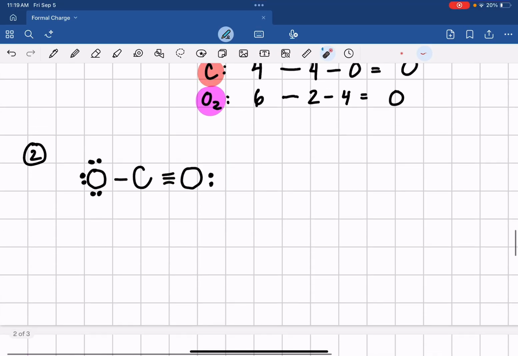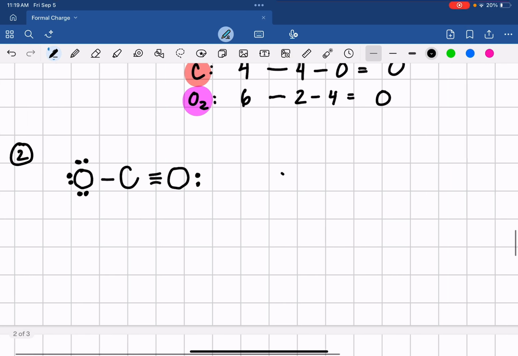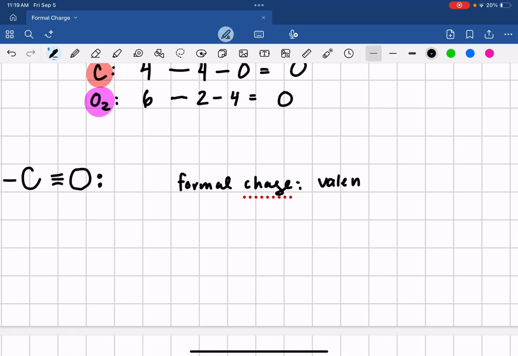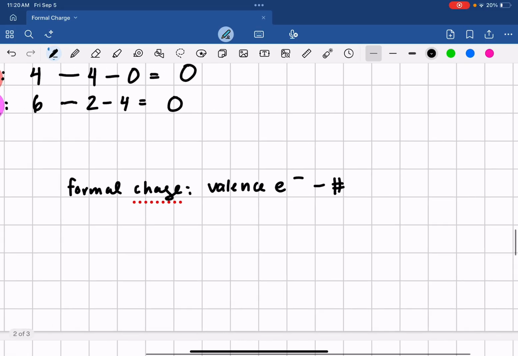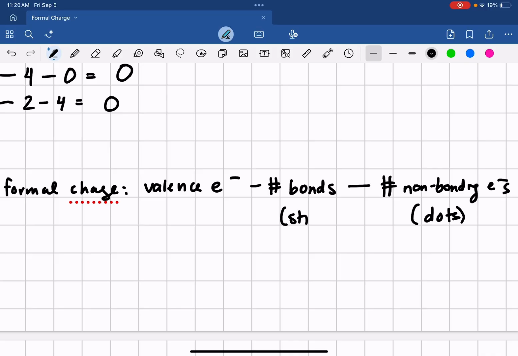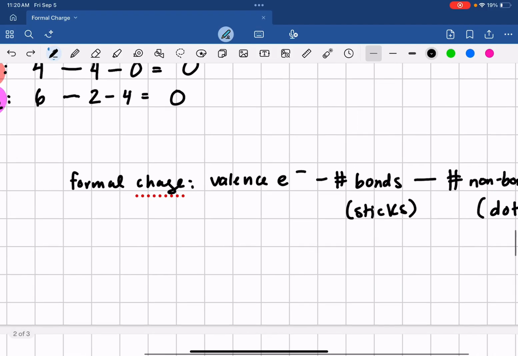Let's calculate its formal charge. So remember, the formal charge formula is the number of valence electrons minus the number of sticks or bonds, however you want to say it, minus the number of dots, which is non-bonding electrons. These electrons aren't in a bond. So let's put down dots, and let's put down sticks. And this valence electron value, we can find it on the periodic table.